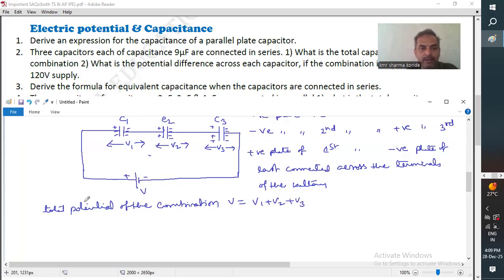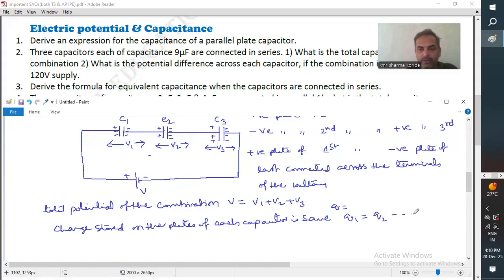But remember, the charge stored on the plates of each capacitor is the same, which means Q1 equals Q2 equals Q3 equals the same, Q only.